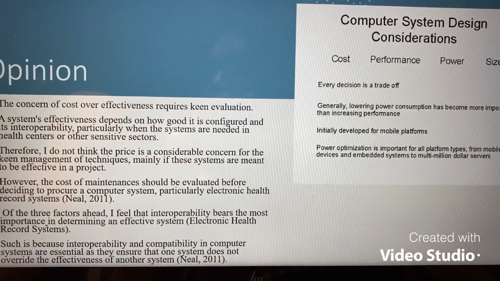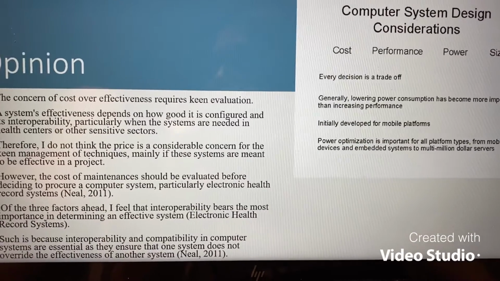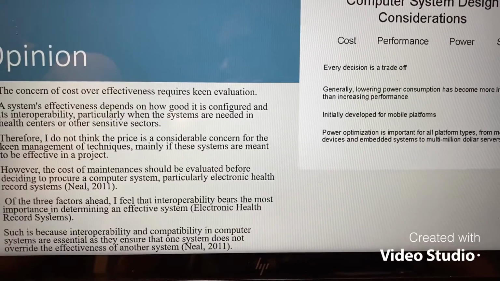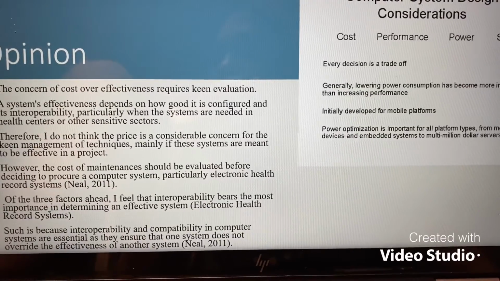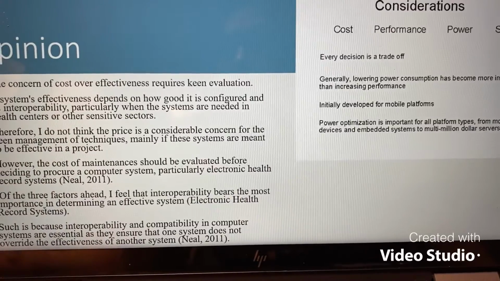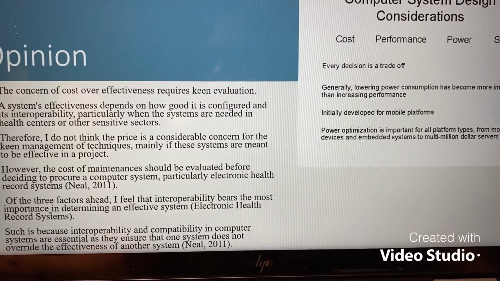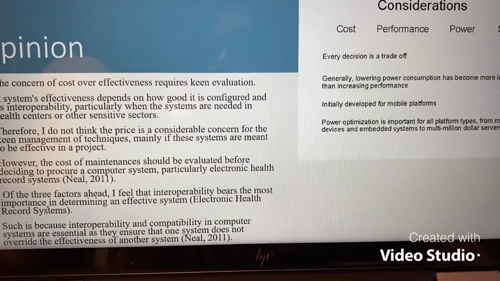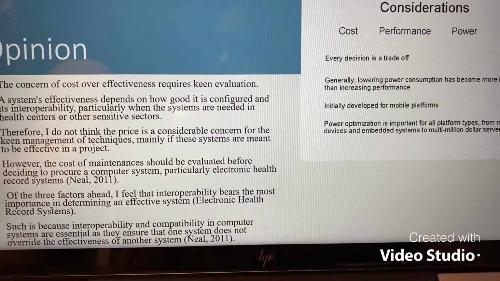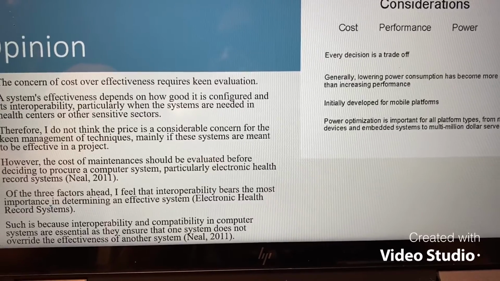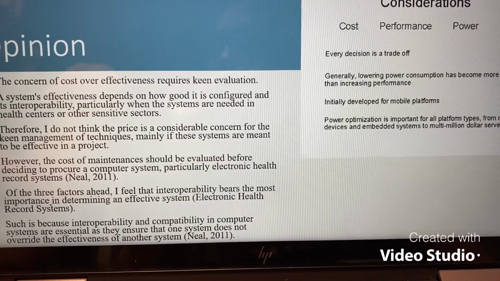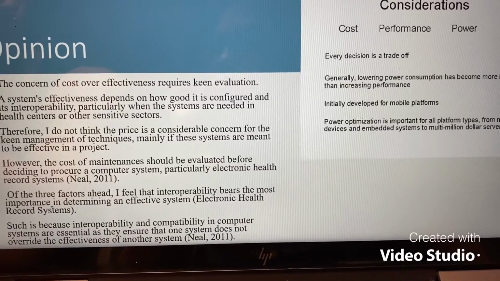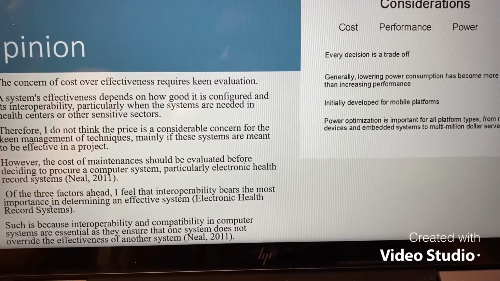Of the three factors, I feel that interoperability bears the most importance in determining an effective system. Such is because interoperability and compatibility in computer systems are essential as they ensure that one system does not override the effectiveness of another system.